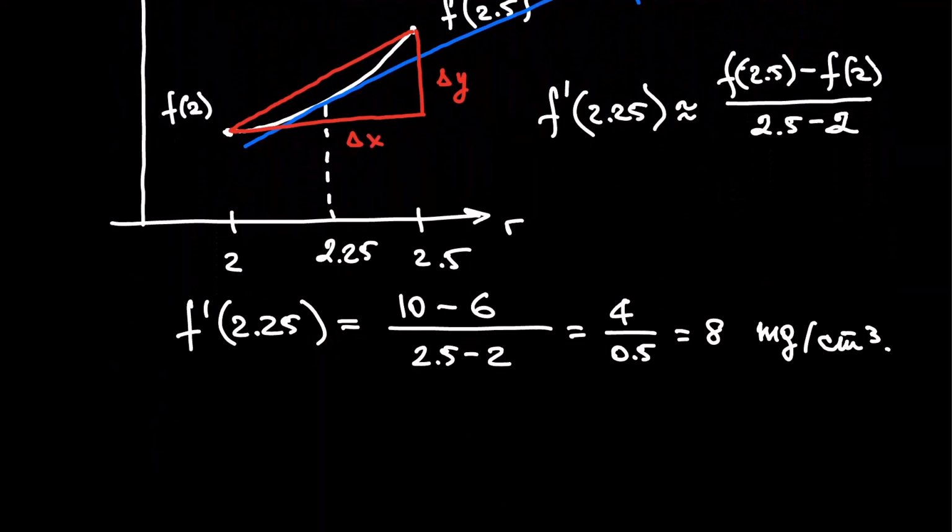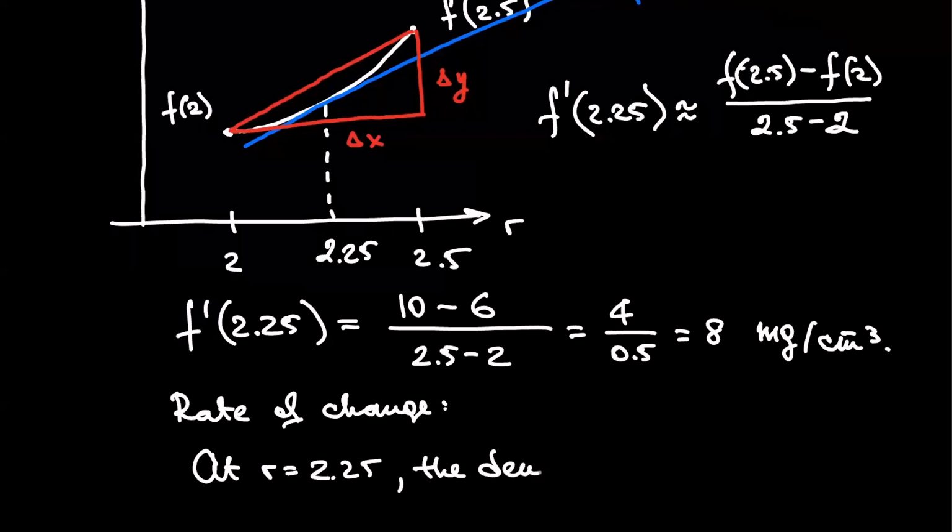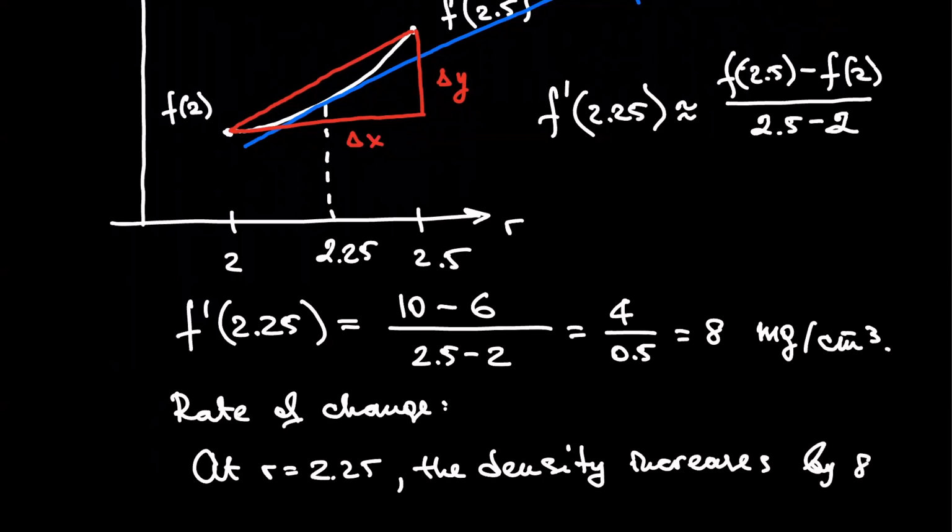So the derivative is the rate of change of the function, which means in this case that at radius r equals 2.25, the density increases by 8 milligrams per centimeter cubed.